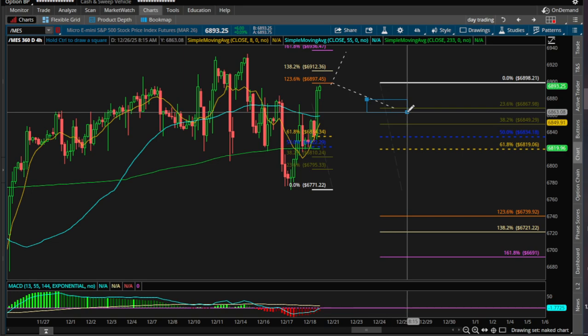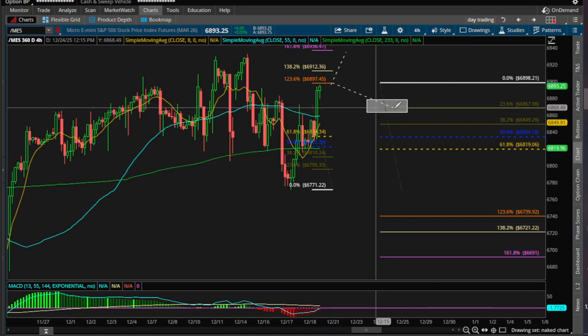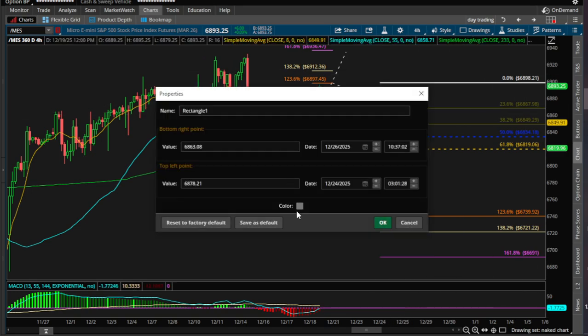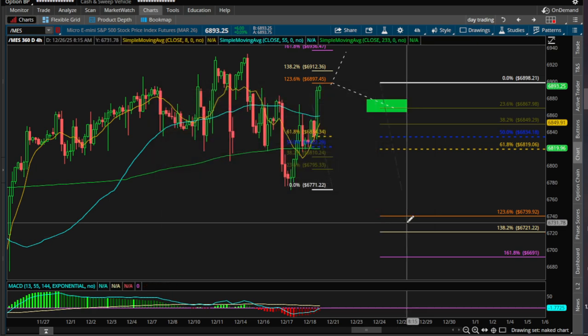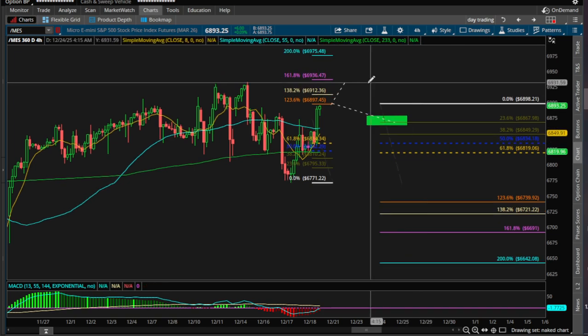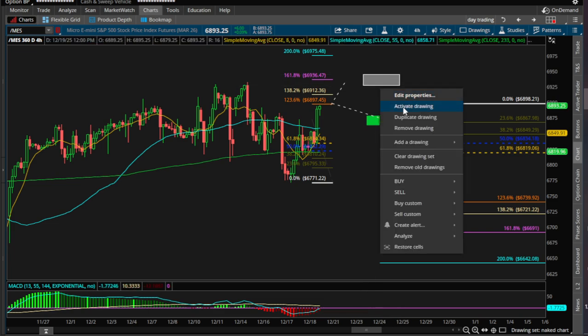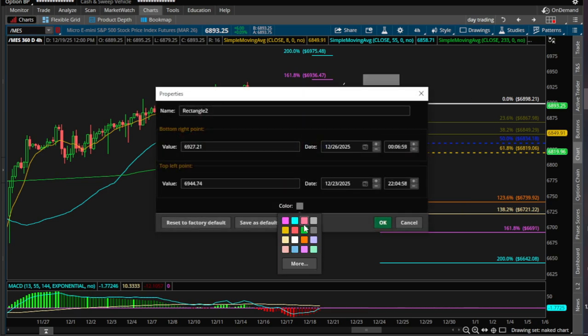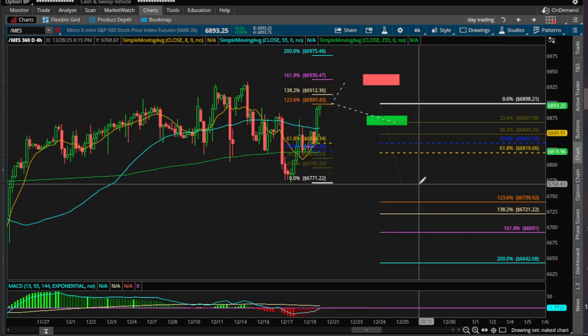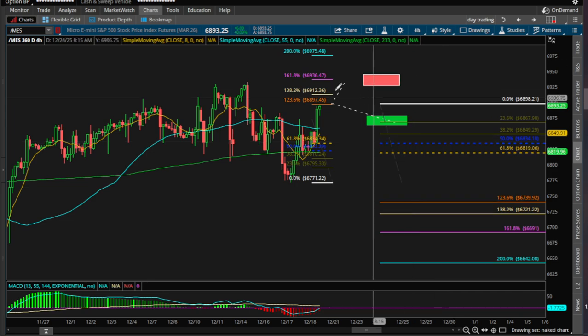I'm gonna put some buying zones, so I'll label that as green. Because I still think the chart needs to get to the 7,000 area till the bigger correction comes. So that's really what I'm looking at. We're just not quite there, but it's very close.